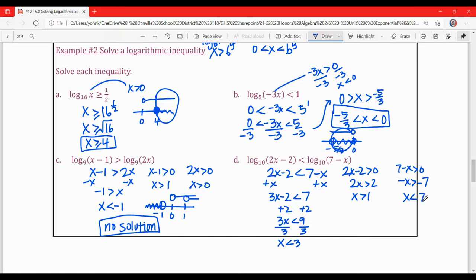X is less than positive 7. So we got 1, 3, 7. My main inequality is less than 3. I also have a greater than 1 and a less than 7, which means I'm overlapping between 1 and 3. 1 is less than x is less than 3.